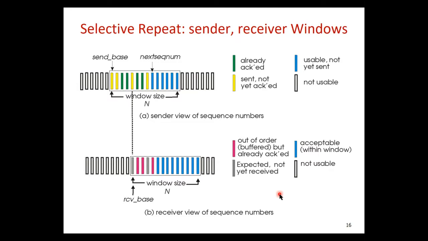Does the sender resend 5 and 6? Yes, the sender will resend 5 and 6. And then my next question for you: since you are asking the question, I can ask you another question. When will the sender retransmit 5 and 6?